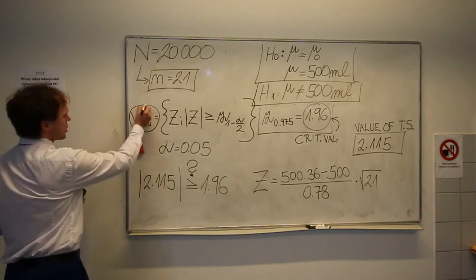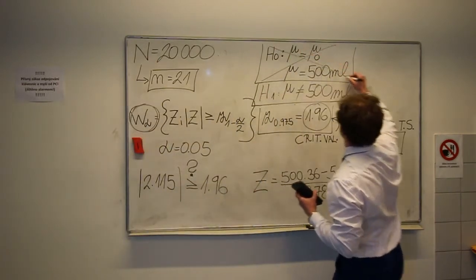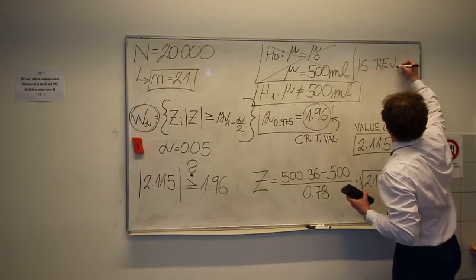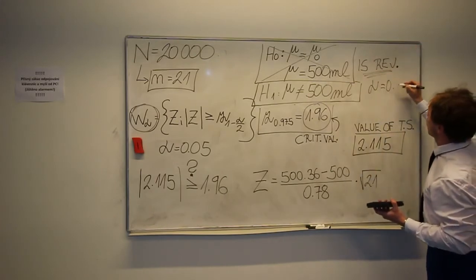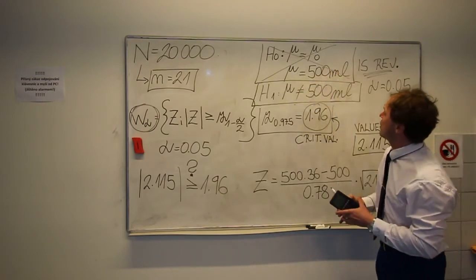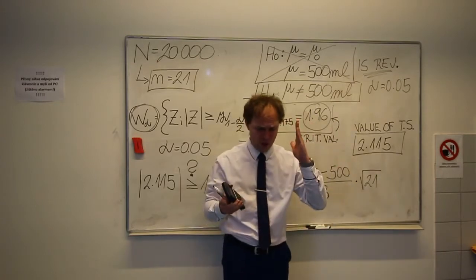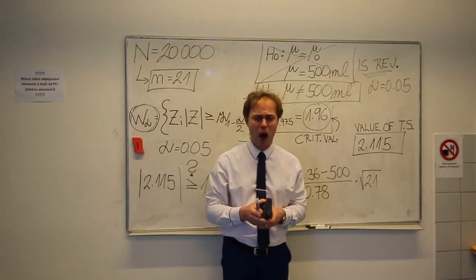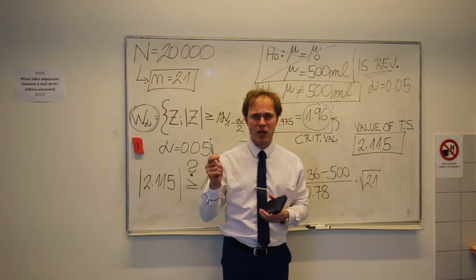This is true, so we enter the rejection region, and the zero hypothesis is rejected at alpha equal to 0.05. The mean is not equal to 500 milliliters of beer. The mean is different. So the repair of the filling line for beer bottles was not successful.